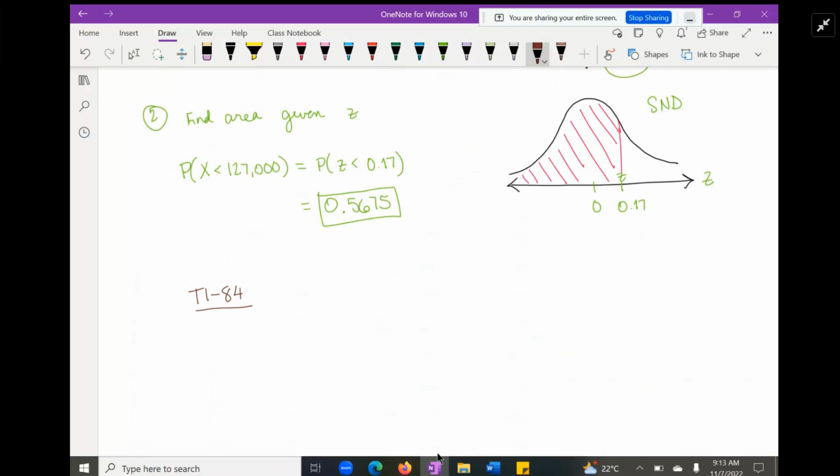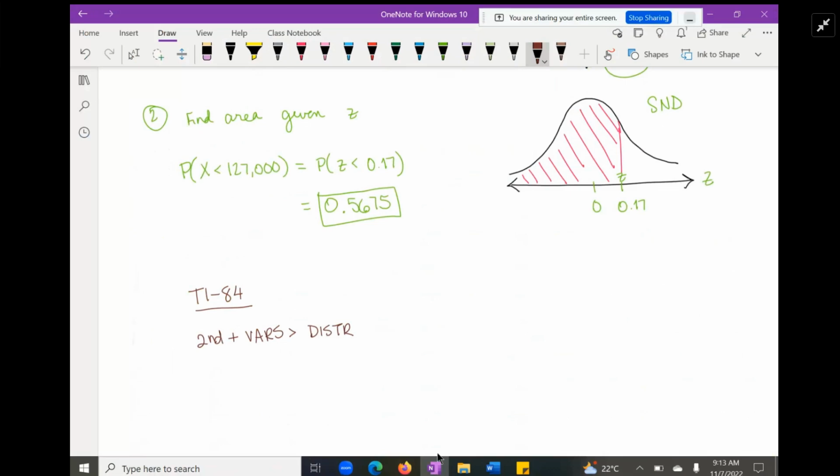But with the TI-84 or any of the others that can do this, on the TI-84, you have to click second vars to get to the distribution menu. So if you have your TI-84 with you, you can see on your calculator the button vars, and right above it is, in some other color, distribution, DISTR.